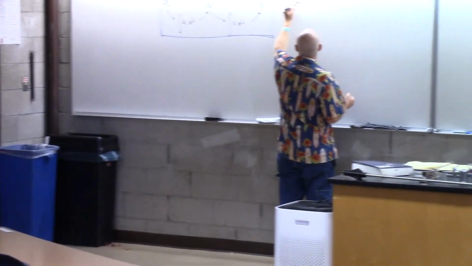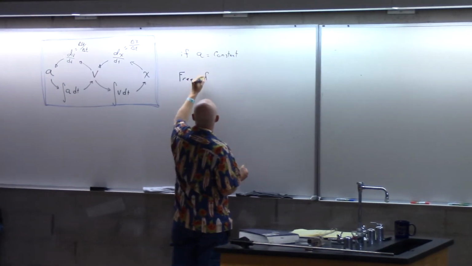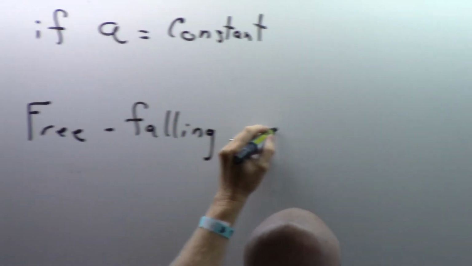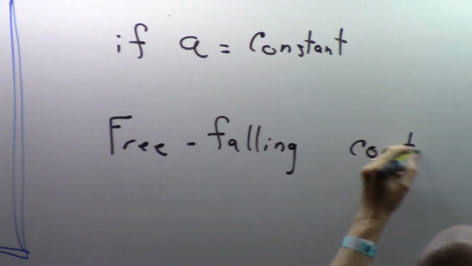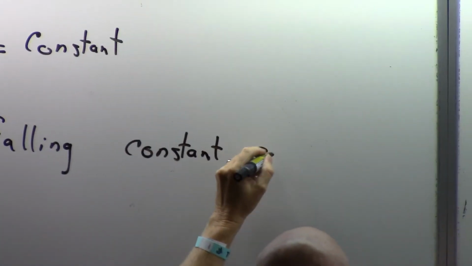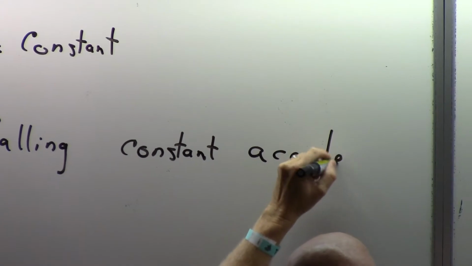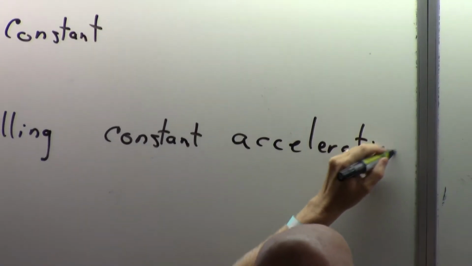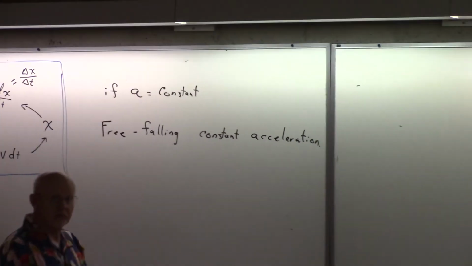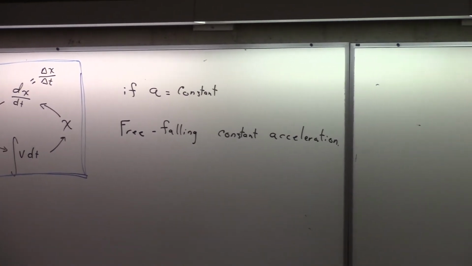In fact, this is going to give me a chance to say that free falling is a constant acceleration. In fact, this will be the fun lab we do today.